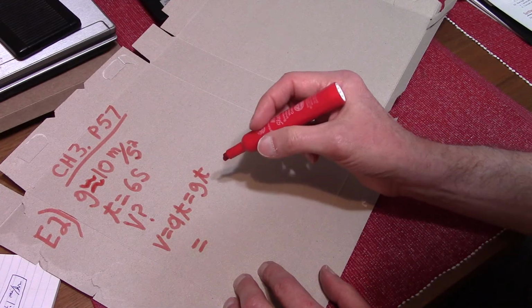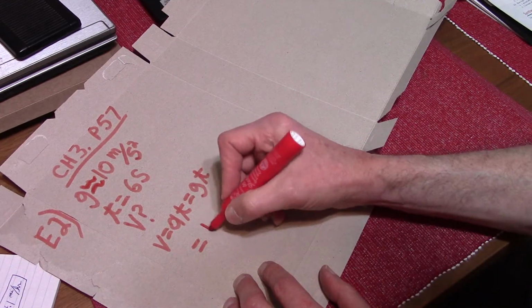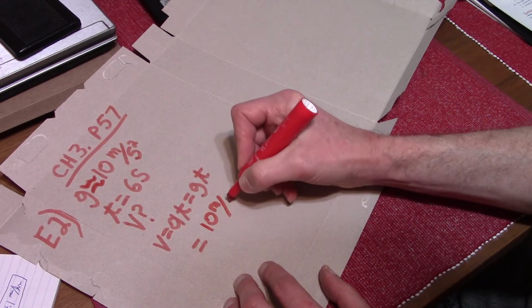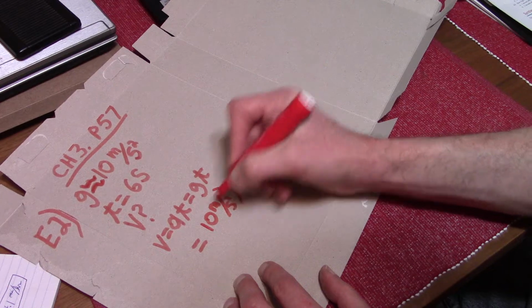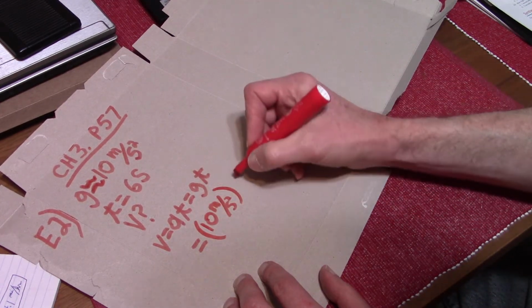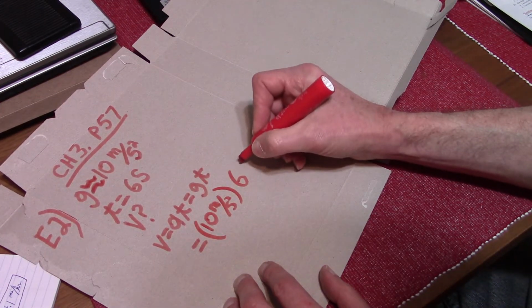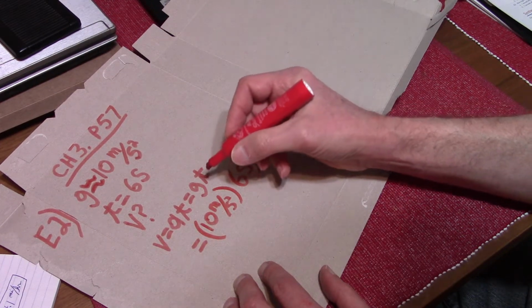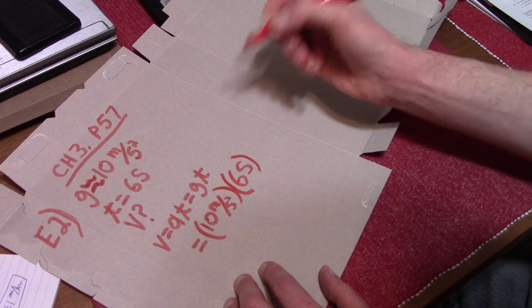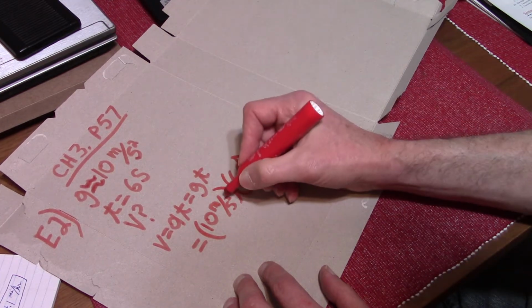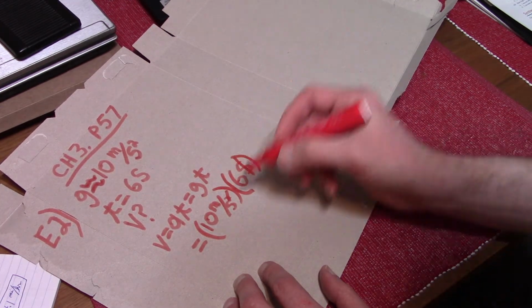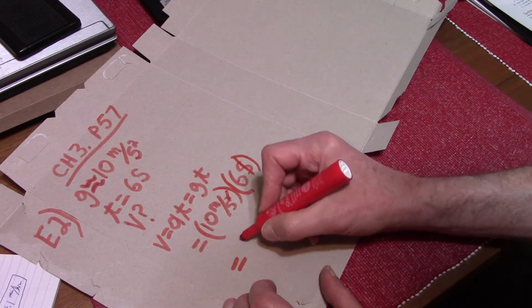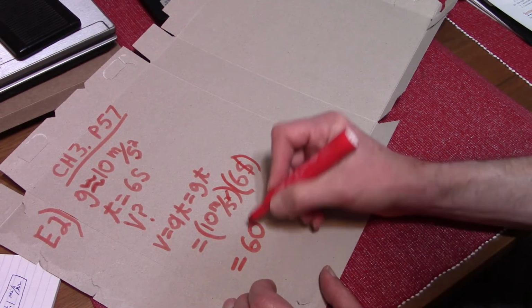So v equals g t, so it's going to be 10 meters per second squared times 6 seconds. Now, the seconds cancels with the squared, and 10 times 6 is equal to 60.